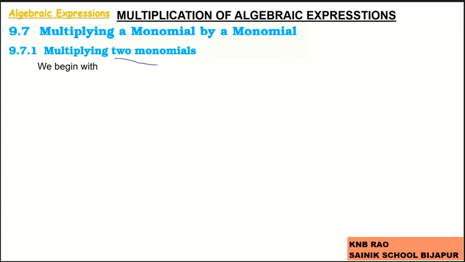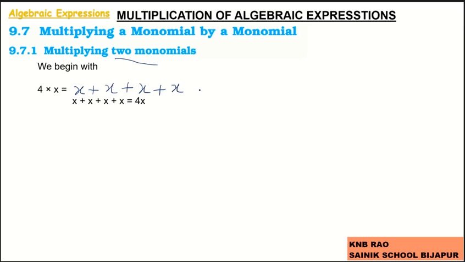Now, we begin with 4 into x, where 4 is one monomial and x is another monomial. You know, 4 into x is nothing but x added to itself 4 times.